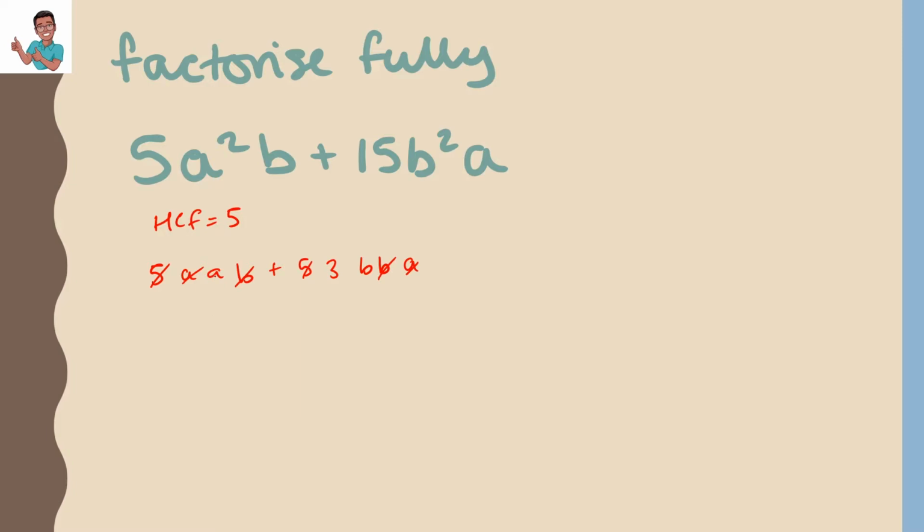As you can see, I didn't cross this second a as there isn't a second a here, and I didn't cross this b because there isn't a second b here. So 5ab, we have a left over, plus b, 3b. This is our final answer.